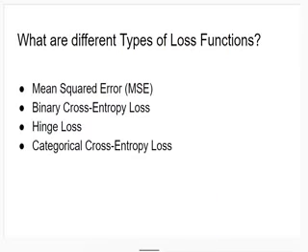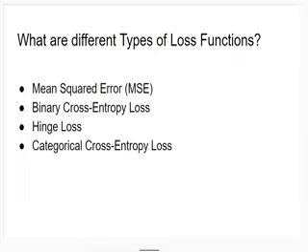Now the categorical cross entropy loss is used in multi-class classification. It measures the dissimilarity between the predicted class probabilities and the true classes, so the difference between the probability classes and the true classes.